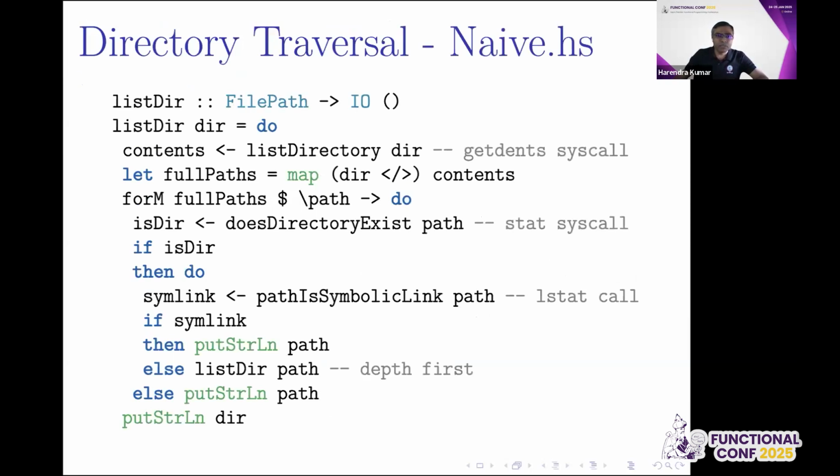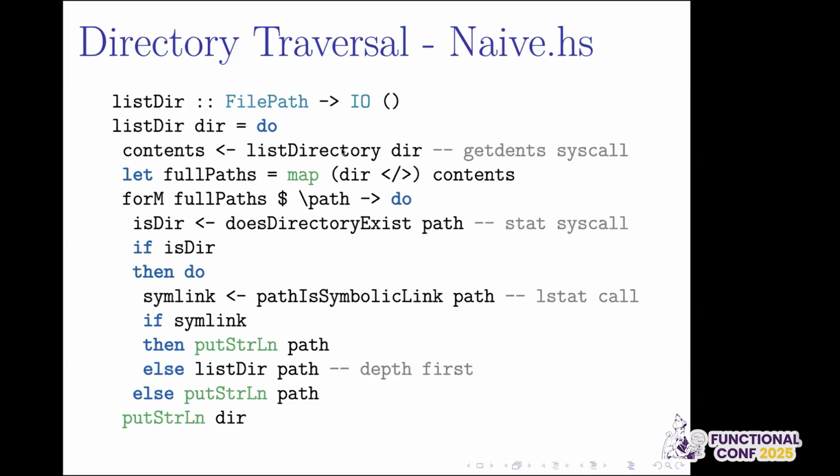And this is what you are seeing. It's a simple Haskell program to do directory traversal. This is a very naive program. In fact, you can ask ChatGPT to write it and it will give you a similar program. So here, I hope my pointer is visible in the video, Samiksha.